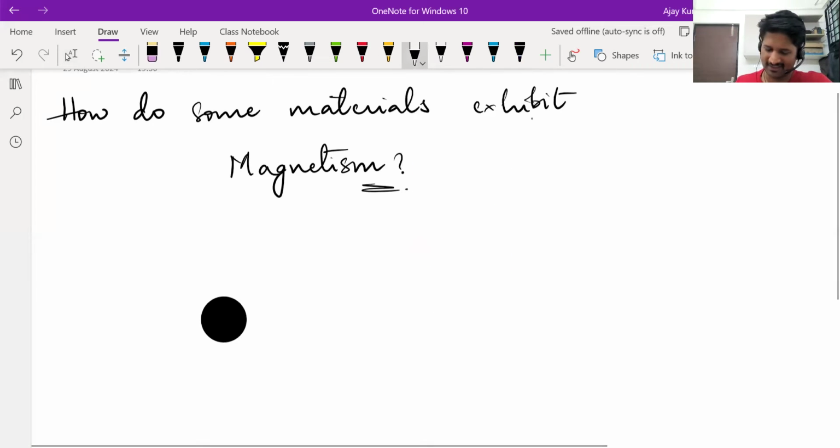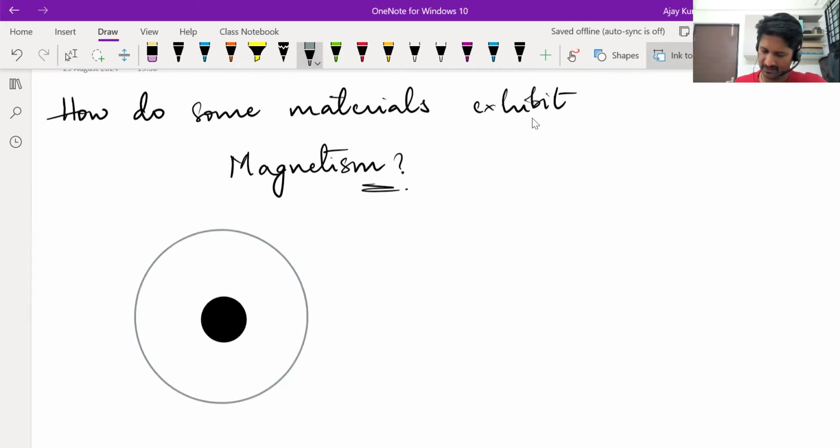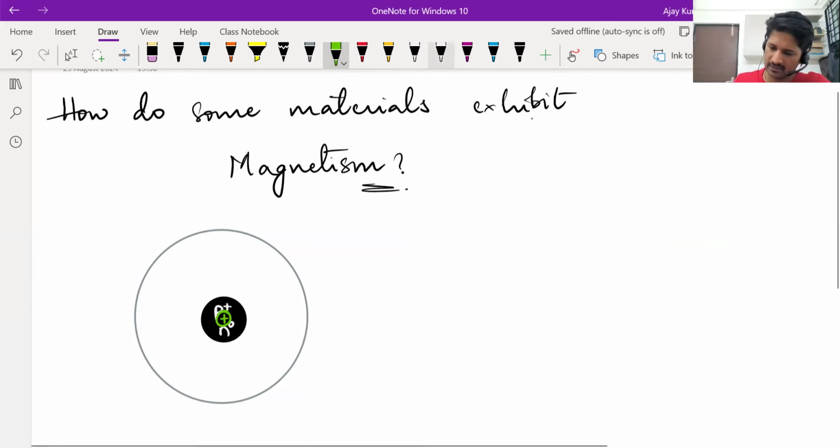What is that core called? Nucleus. Protons and neutrons are tightly packed in the nucleus of the atom, and electrons revolve around the nucleus in orbits. So basically the nucleus is positively charged and negatively charged electrons revolve around it.